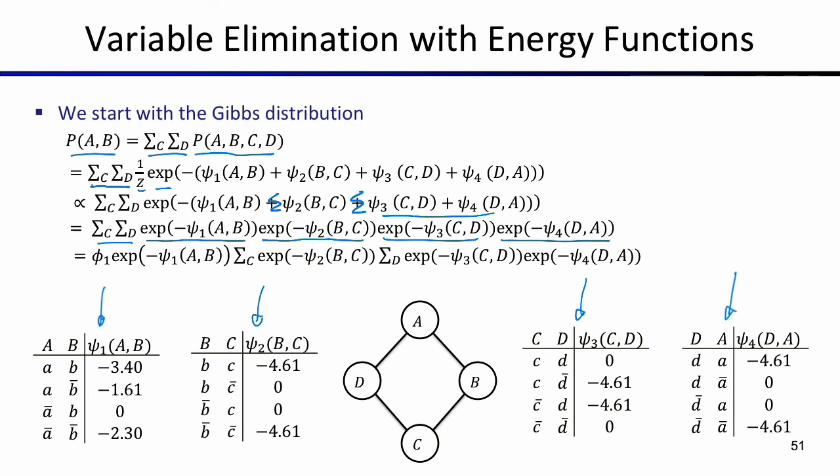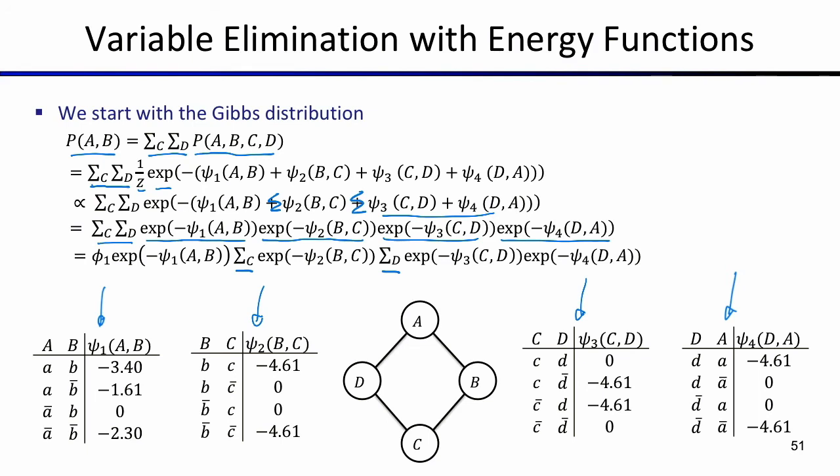So we have this multiplication of exponentials. Great. Now we have something very similar to what we had before, and we are ready to move the summations in order to eliminate the variable. So we move the summation over D to this position, and we move the summation over C to this position, and we continue the algorithm exactly as we had before.